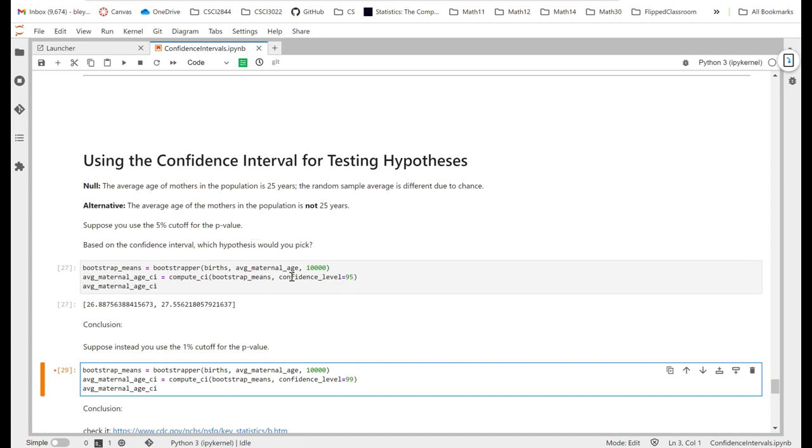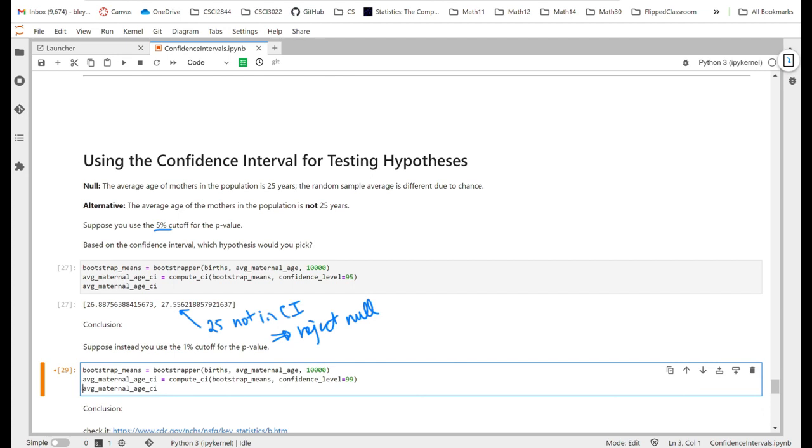If I look at my 95% confidence interval and check it here, I can see that 25 is not in this interval. Since 25 is not in this interval, I can reject the null. 25 not in the confidence interval means I can reject the null at the 5% significance level.